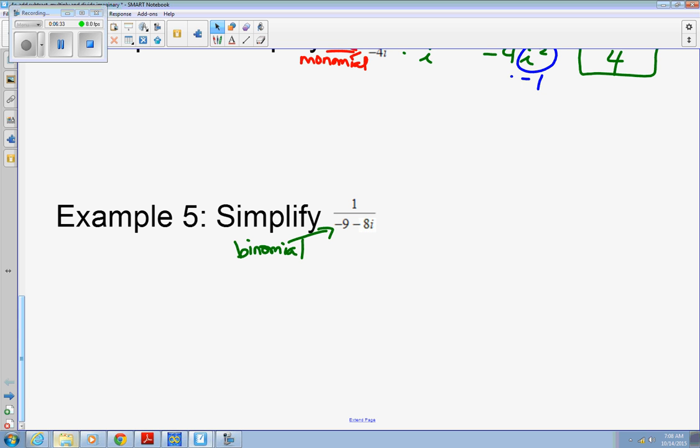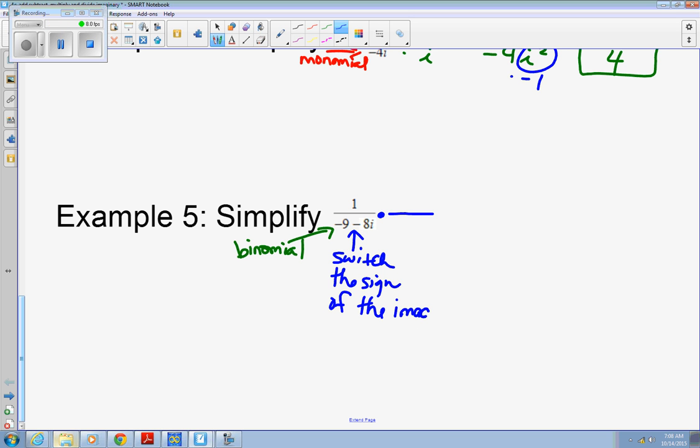But with a binomial, you multiply by the binomial again, but we switch the sign of the imaginary number. So right here it's a negative 8i, so we're going to multiply by positive 8i. So negative 9 plus 8i.